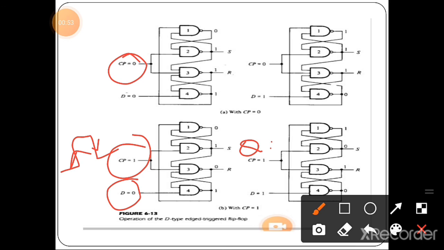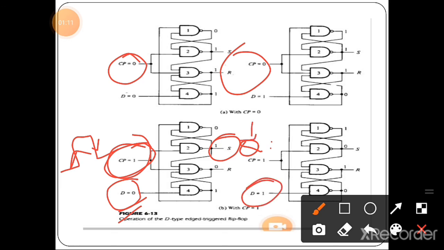So when CP is equal to 0, the output has no change. And when CP is equal to 1, then according to the D input, if D is equal to 0, then S becomes 0. Then that will be transferred to Q.